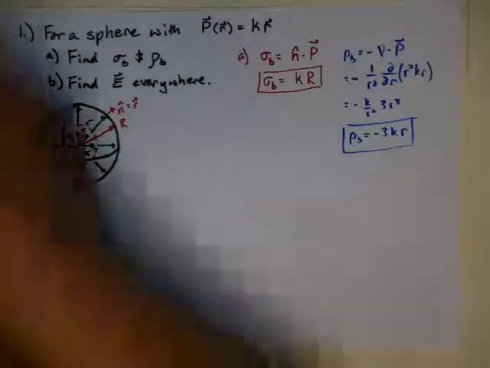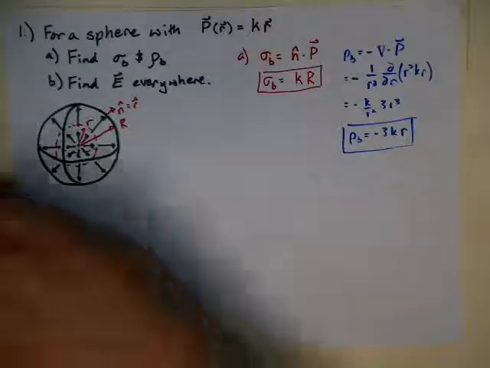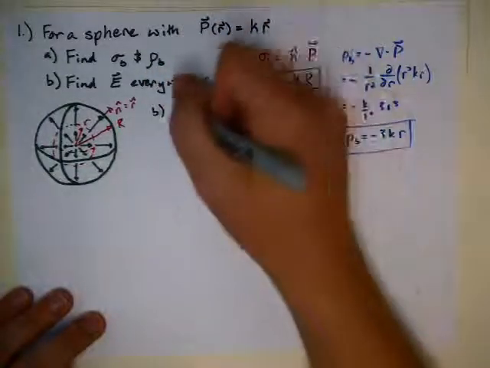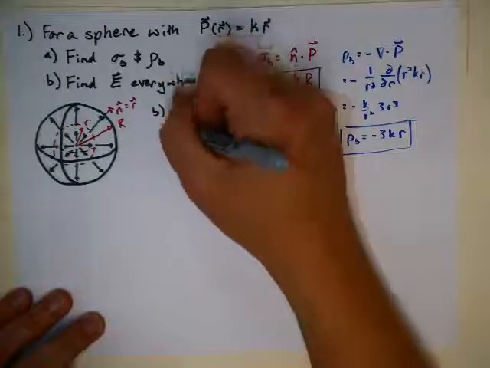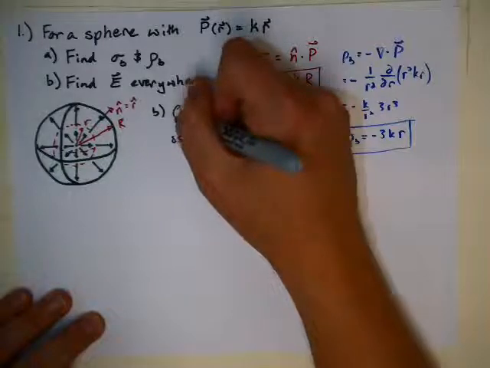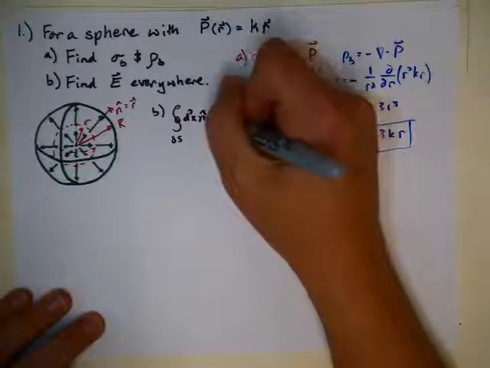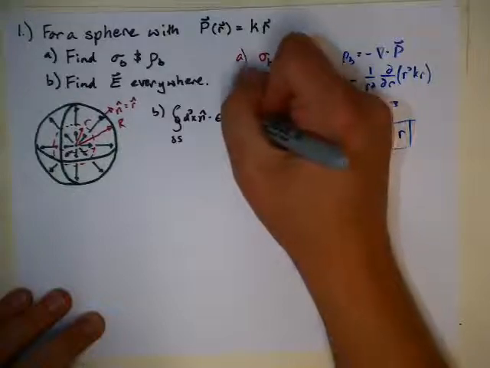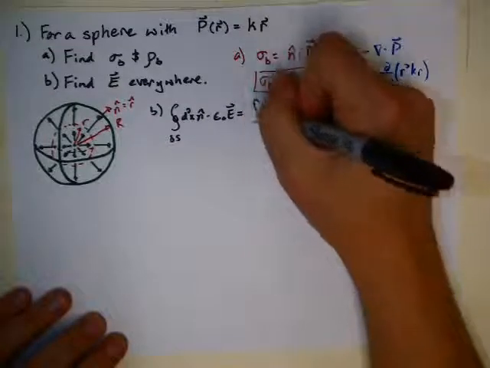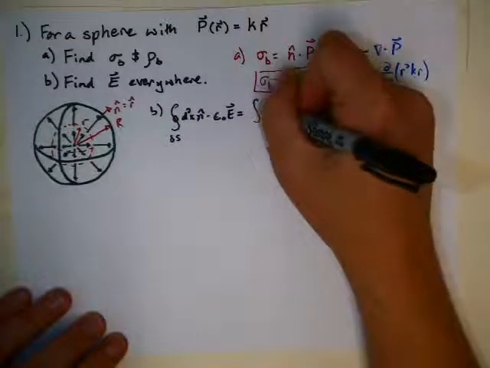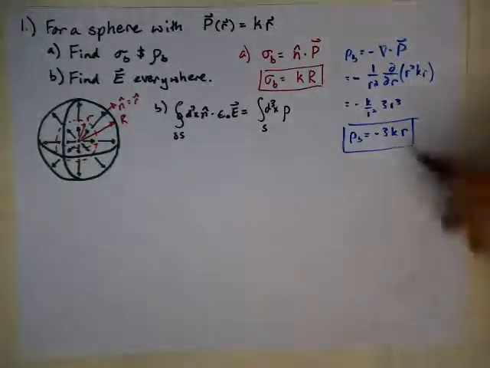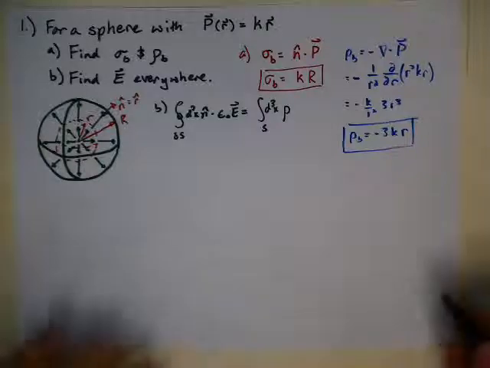This is for part B. Gauss's law states in integral form that the integral over the surface dS of the flux of E must be equal to the charge enclosed. So the charge enclosed is the integral d3x of rho. For us, all of this rho is going to be the bound charge.